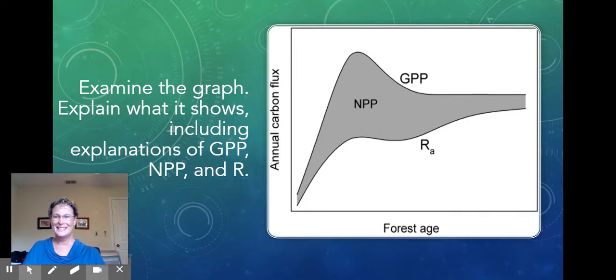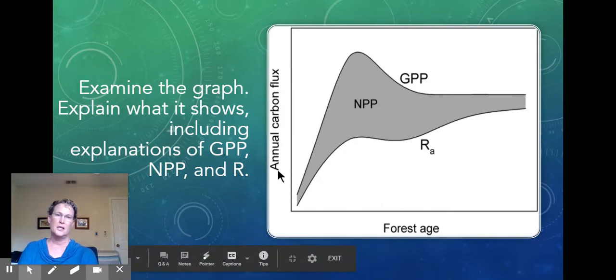And we're back. So I'm going to tell you what this is talking about here. The forest age starts off with not a lot of plants. As those plants grow, they grow at a rate where they produce a lot. They do a lot of gross primary productivity. But the respiration rate goes up a little bit more slowly, and then it tapers off.